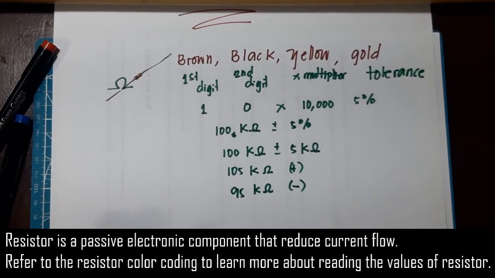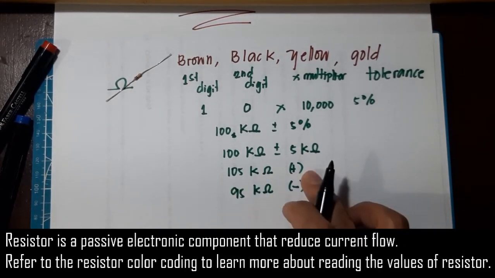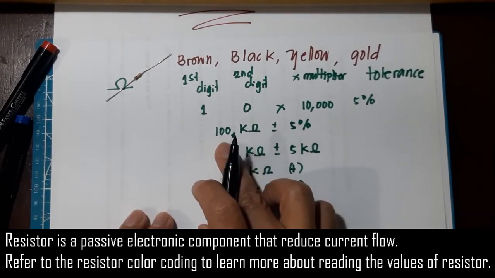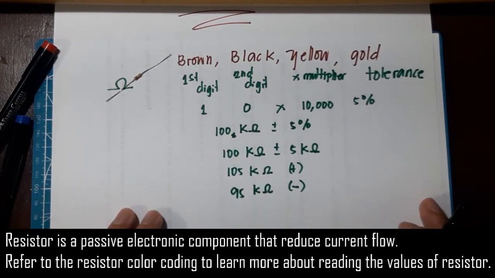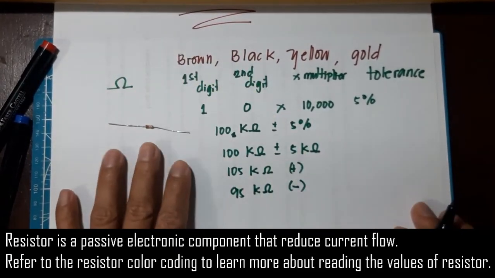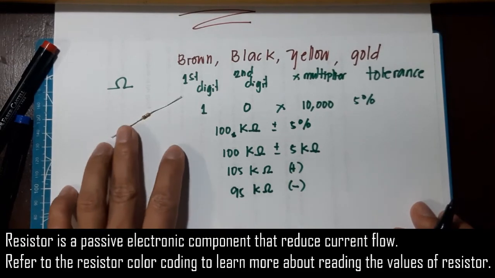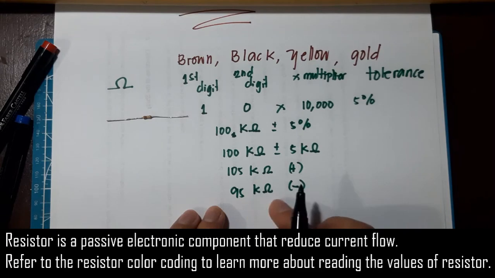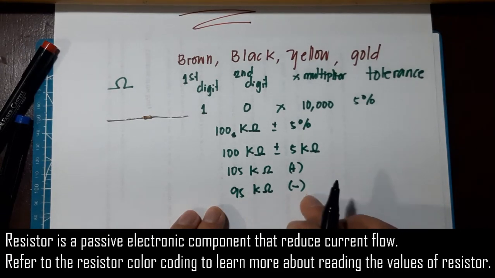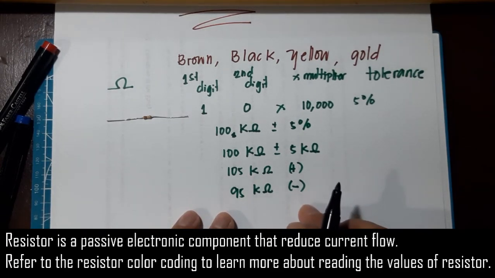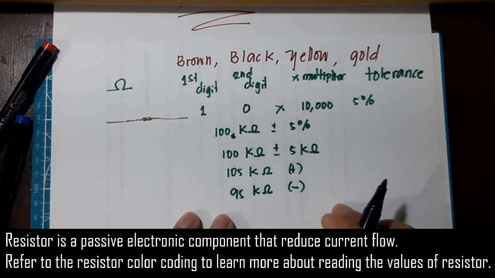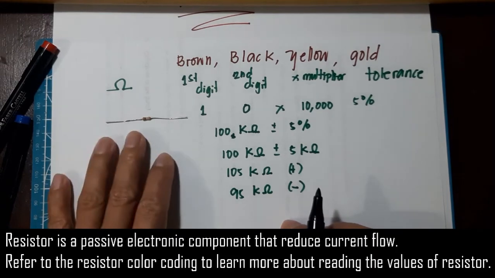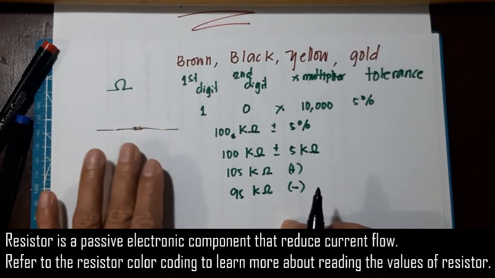You may read 105 kilo ohms, that's still in the range of 100 kilo ohms, so we can conclude that our resistor is in good condition. Same thing with the 95 kilo ohms, which is in the negative 5% tolerance. If you read 95 kilo ohms, our resistor can be considered to be in good condition.